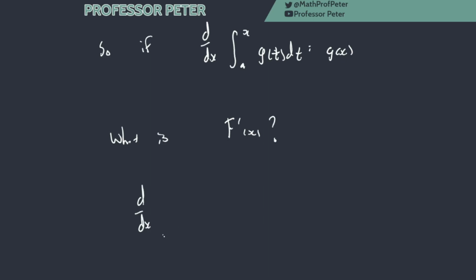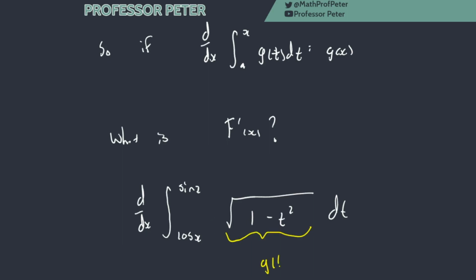Well, that's going to be a derivative of this integral that we set up of cosine x up to sine x of the square root of 1 minus t squared dt. And you'll notice that this is a little bit different because while this here is just going to be our g function, we don't have a constant. And this is not just x, it's a function of x. So that's kind of tricky.